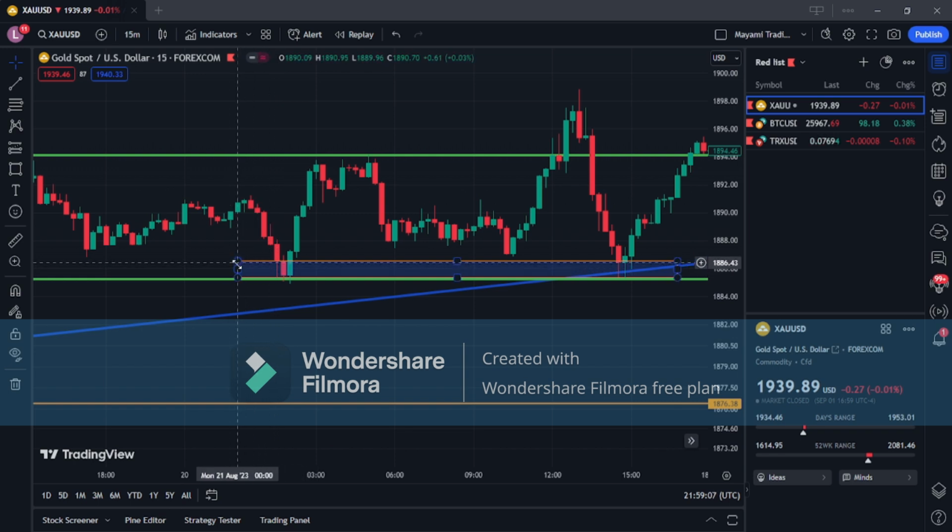All you have to do is set up your zone and monitor this zone to see if there's a potential pullback from this level. If there is, just take an entry at a confirmation point that it is actually moving upward or moving downward.